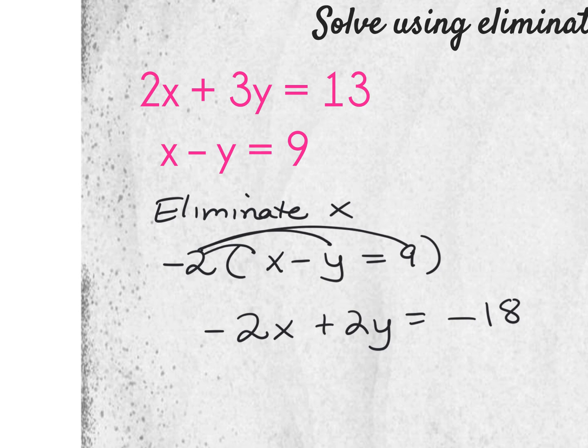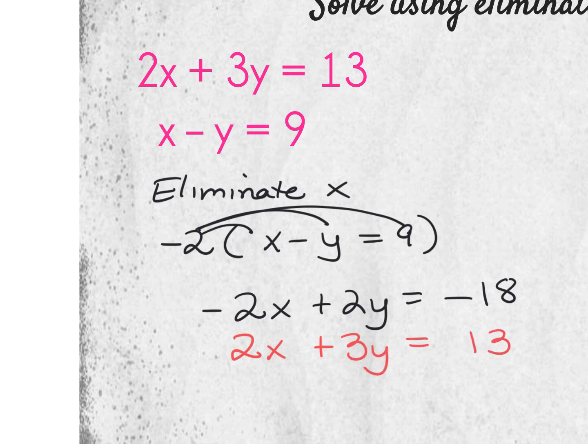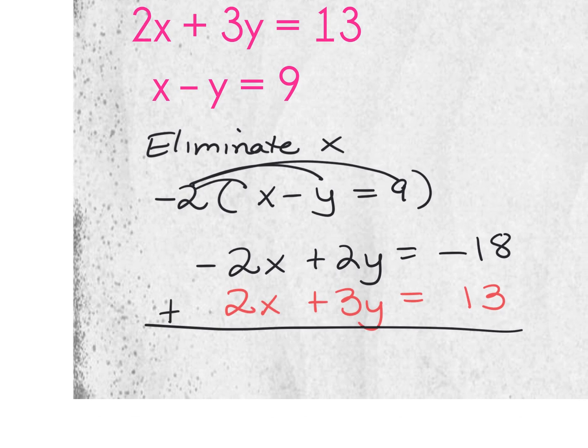I'm now going to take my first equation, that I didn't do anything to, and write it right underneath so that my x's are lined up, my y's are lined up, and so are my constants. I'm now going to combine the two equations, or add them together.